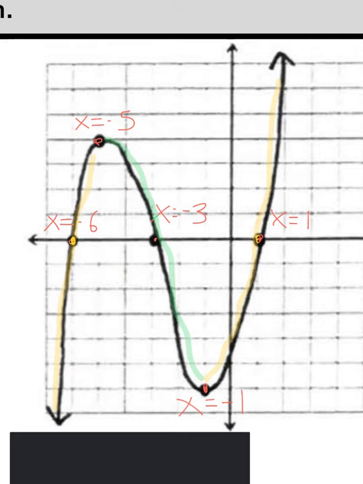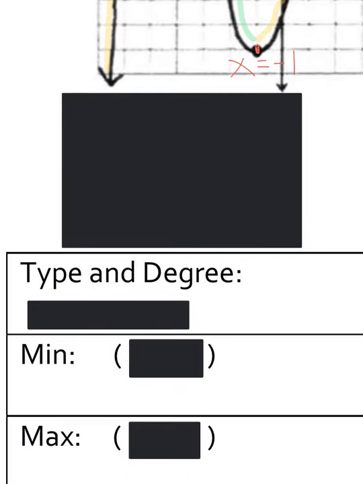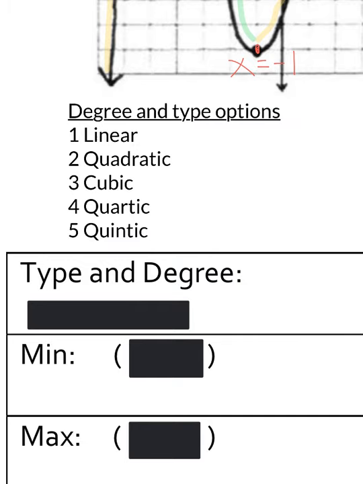Okay, from here, let's go ahead and start actually answering the questions. The first question asks for type and degree. So we have 5 different degree and type options.